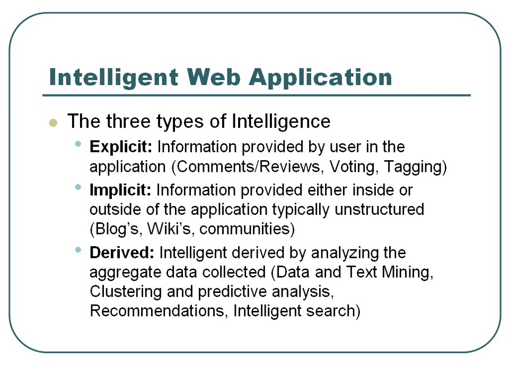Another type of intelligence is implicit, which your application provides implicitly by mining information from blogs, wikis, and community pages.